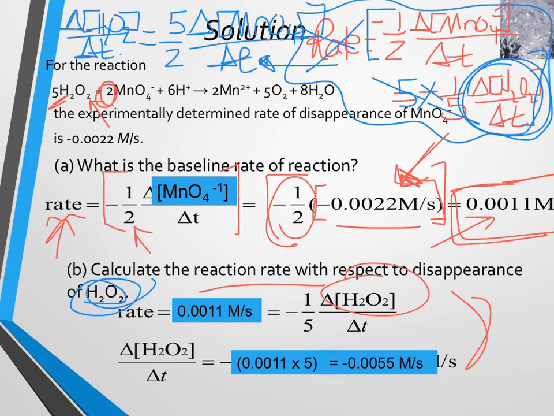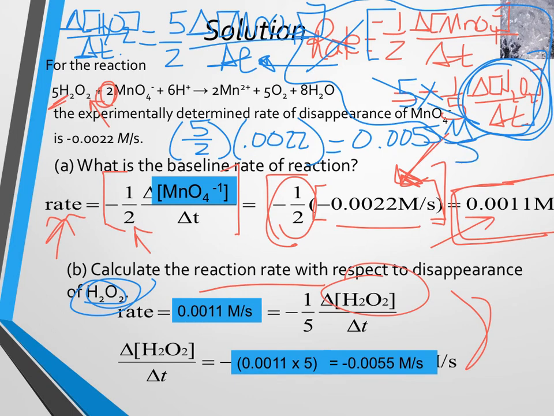So it's just simple algebra. All right, so plugging in, we've got 5/2 times the change in concentration of permanganate over time that they gave us, which was 0.0022. And if you do that math, you get that the rate with respect to hydrogen peroxide is 0.0055.